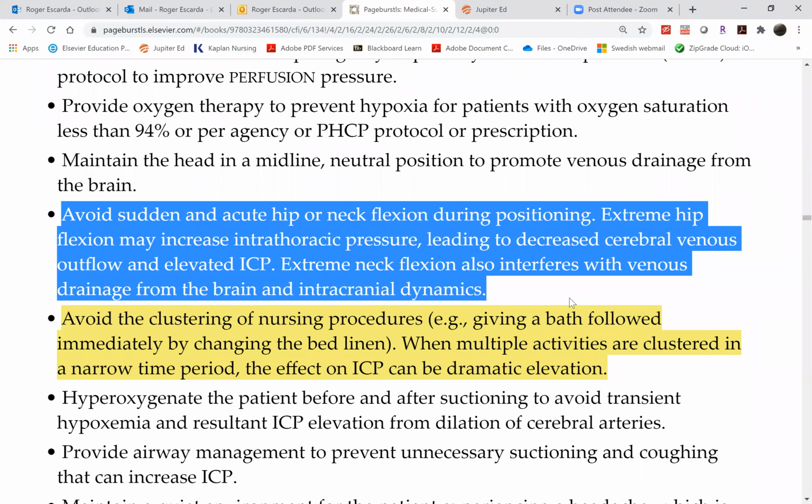So since we know that suctioning, which is necessary in any patient with an artificial airway, increases ICP, how do we keep the damage caused by suctioning on ICP to a minimum? Hyperoxygenation. All right, so make sure you hyperoxygenate before and after suctioning.